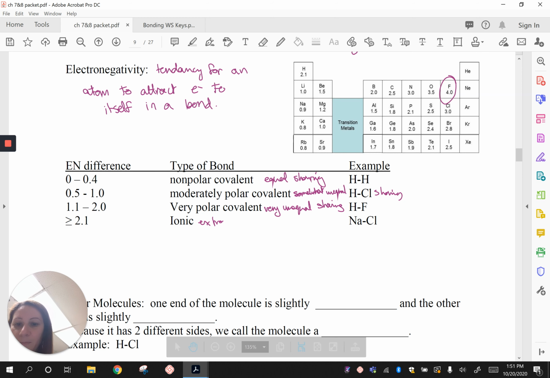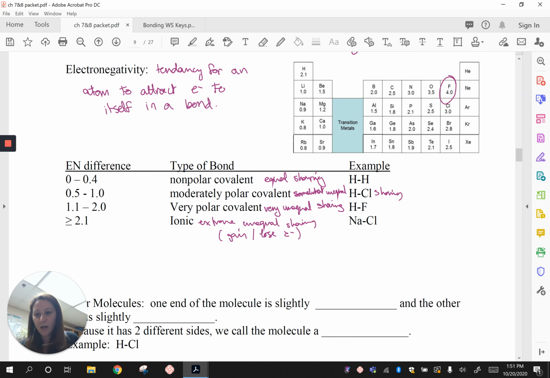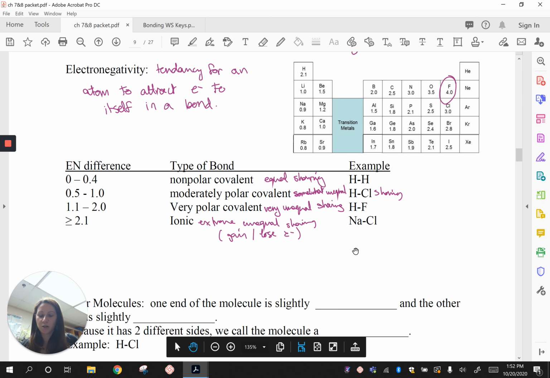So extreme unequal sharing, which really means gain and lose the electrons. One is taking the electron, the other one is not taking it at all. So again, it's just a continuum.